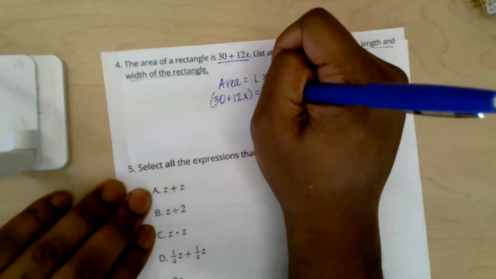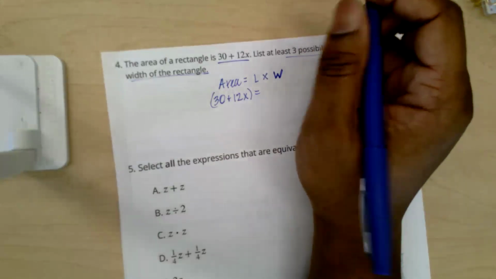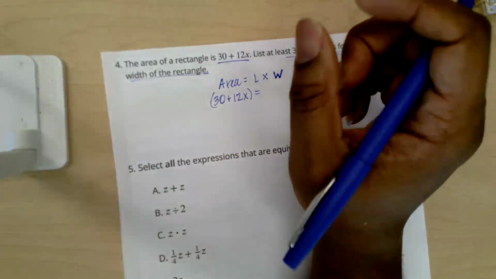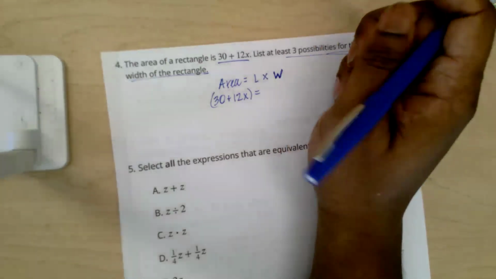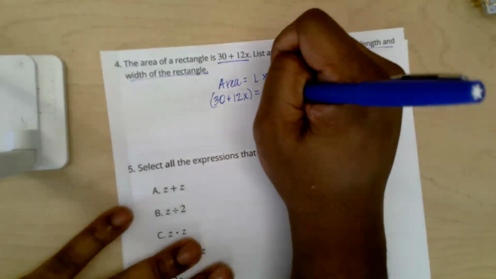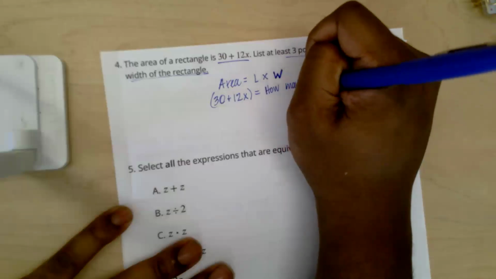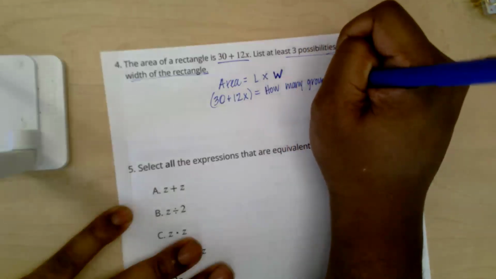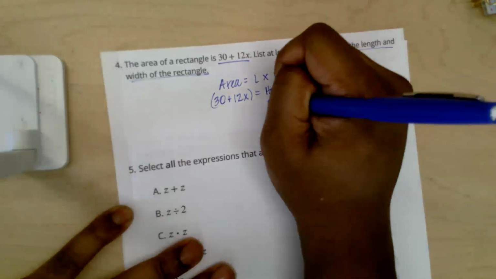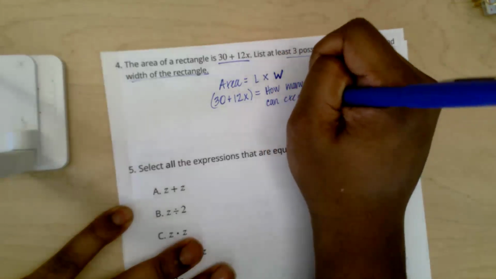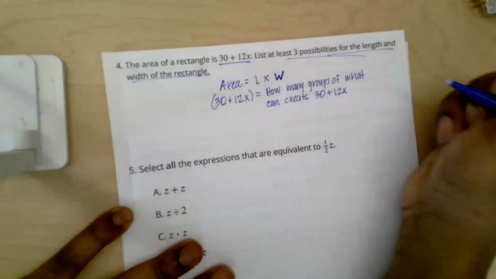You have to ask yourself, how many groups of what create 30 plus 12x?